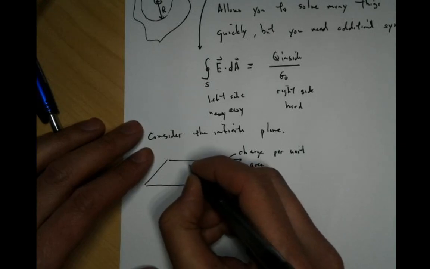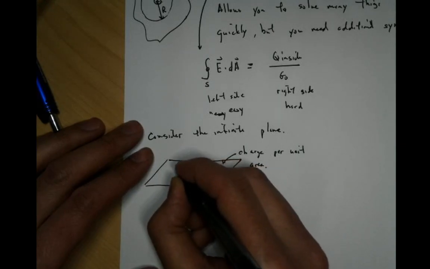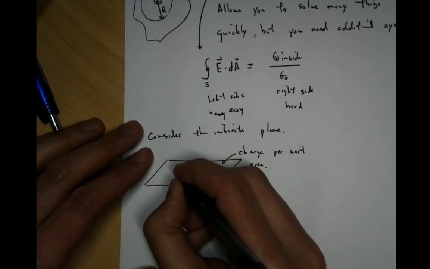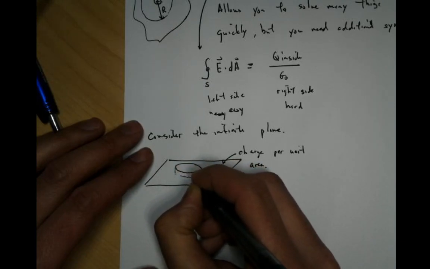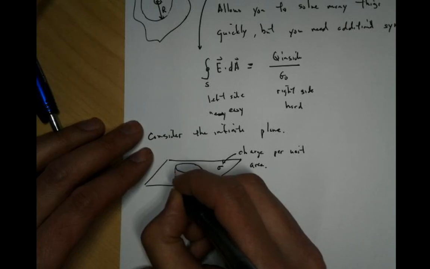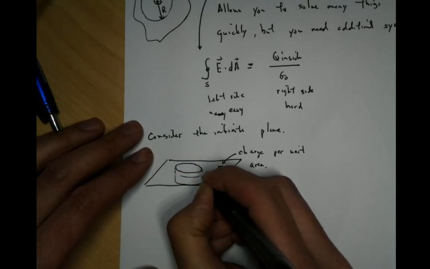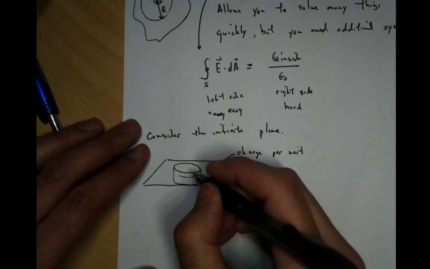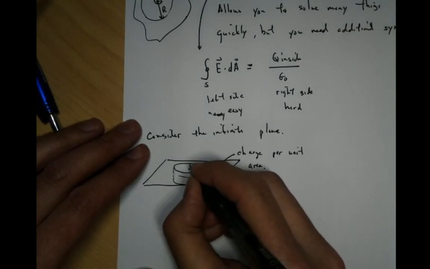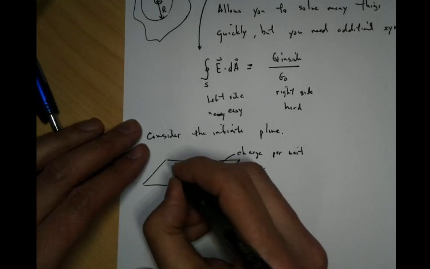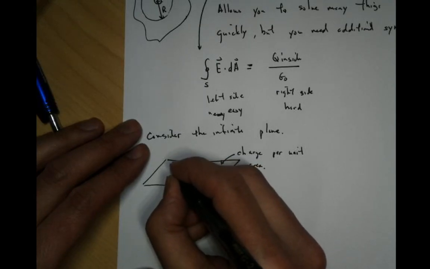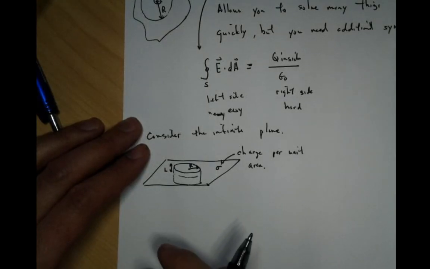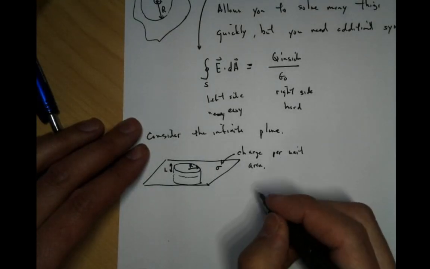Let me consider a Gaussian surface that penetrates right through. That's a Gaussian surface. It's a cylinder basically, and this cylinder has some radius r and some length L. This won't matter terribly much when we actually do it.